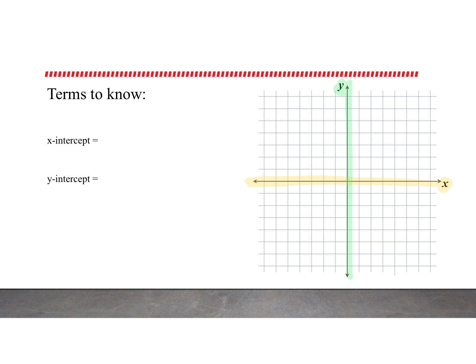Now, what you'll notice from these is they tend to have the same formatting. So an x-intercept is always going to be in the form of x, 0. That's where you're going to cross your x-axis.